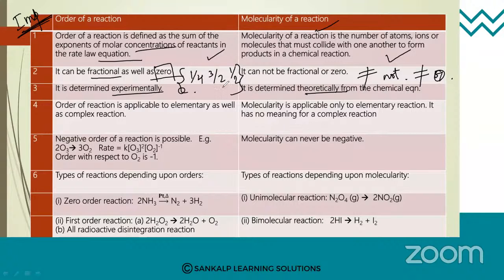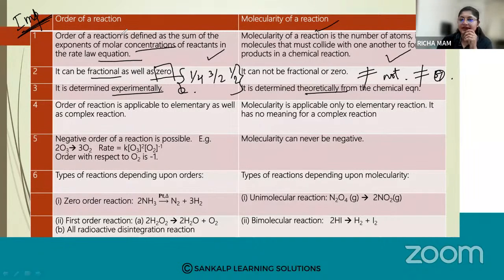Order of reaction is determined experimentally, but molecularity of reaction is determined theoretically. It is based on theories. Then next: order of reaction is applicable for elementary as well as complex reactions. Elementary means the reaction takes place in a single step.